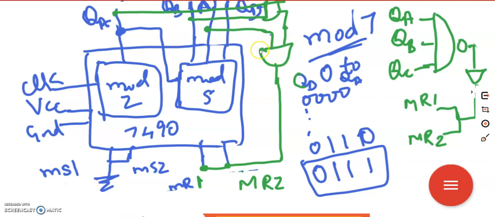It is not noticeable. Sometimes whenever you get stuck with the problem that it's not resetting properly, only then you can try out these alternatives. That's it.